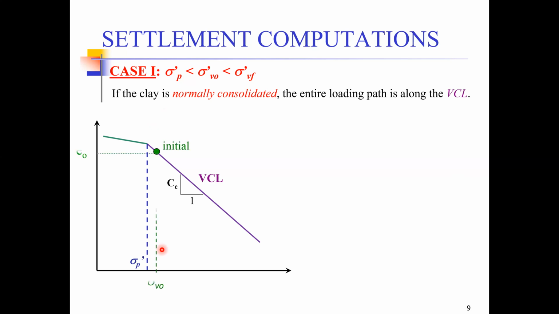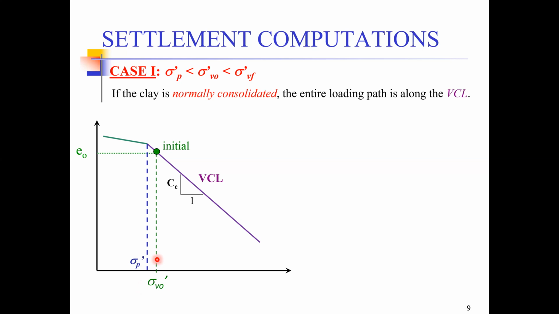So this point can probably represent our initial stress conditions, which can be represented by sigma V naught prime. Pre-consolidation pressure is represented by sigma P dash to represent the effective stress, and our present effective overburden pressure can be represented by sigma V naught dash.